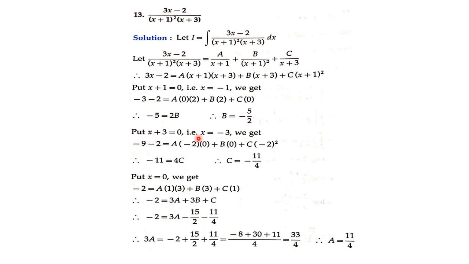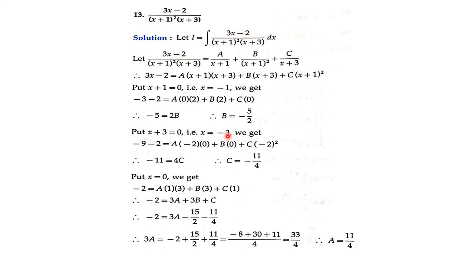Now put x + 3 = 0. You can understand by observation only what substitution we have to make there, how this term will become 0. This term will become 0 if we substitute x = −3, isn't it?